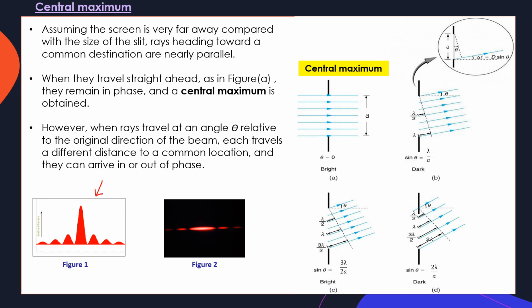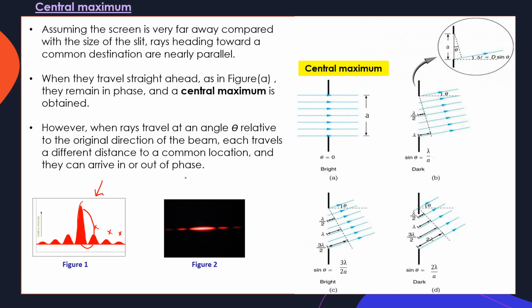We notice that there are additional bright spots on the screen, but the intensity of these bright spots is a bit less compared to the central maxima here. Figure 1 represents the intensity of the orders as we move further from the bright central maximum.